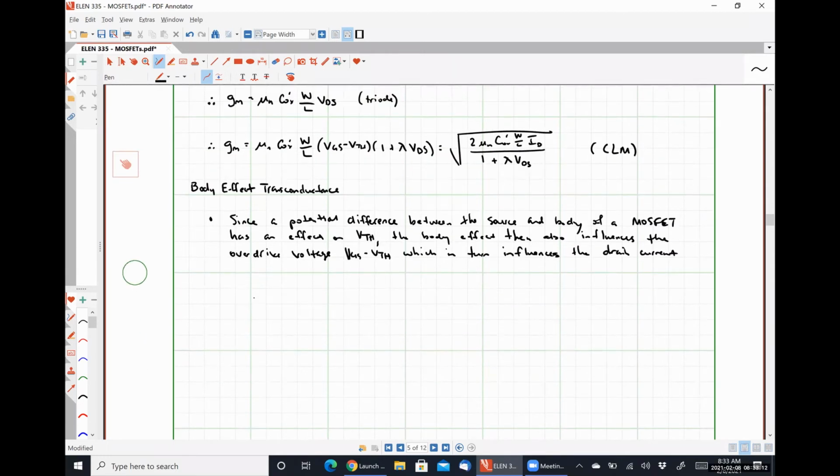So we are going to define our body effect transconductance as GMB, B for body effect, and it is the change in ID with respect to the change in the body source voltage.